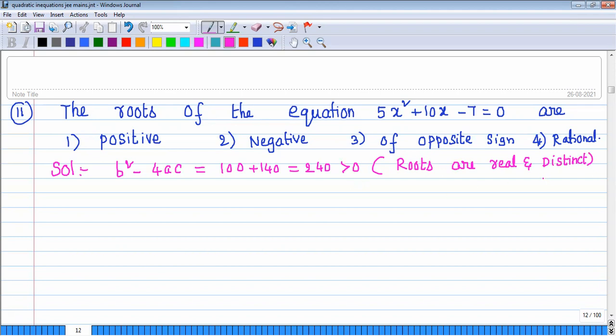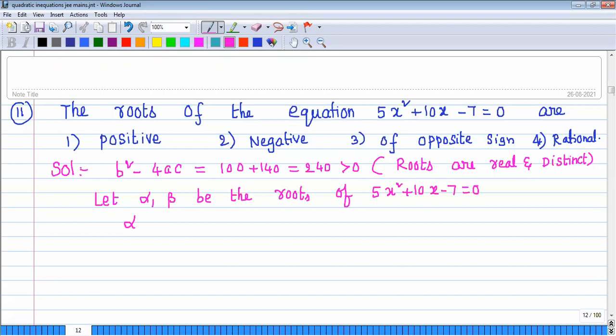Real and distinct means both the roots may be positive, both the roots may be negative, or the roots may be of opposite sign. If one is plus, the other is minus. If one is minus, the other will be plus. That we need to check. For that, let alpha comma beta be the roots of 5x square plus 10x minus 7 is equal to 0.